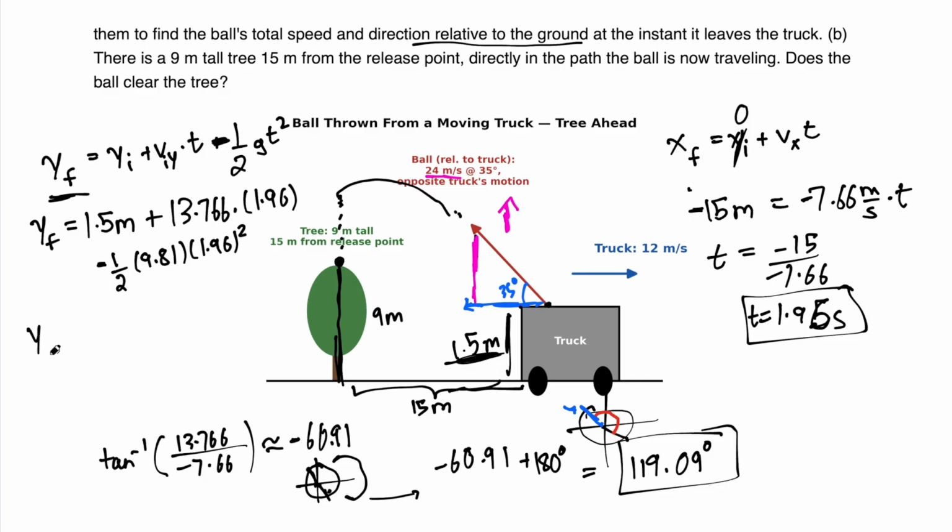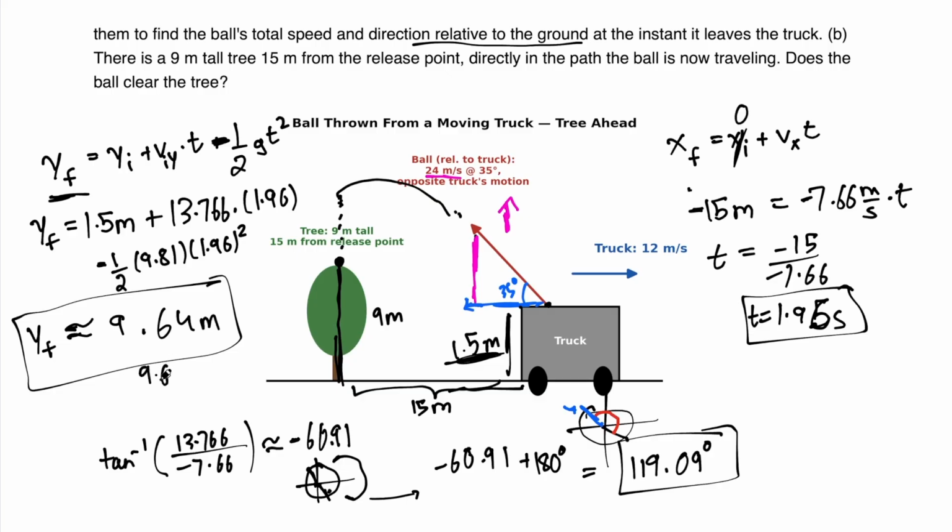So y final has to be 1.5 meters plus 13.766 meters per second times 1.96 seconds minus 0.5 times 9.81 meters per second squared times 1.96 squared. And this is approximately 9.64 meters. So since the tree is 9 meters, our ball does barely cross it, right?